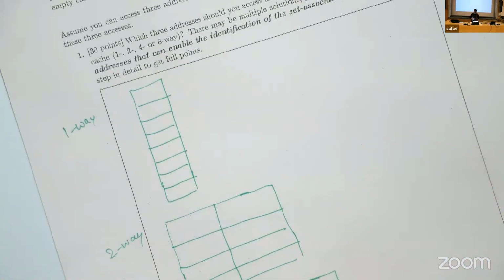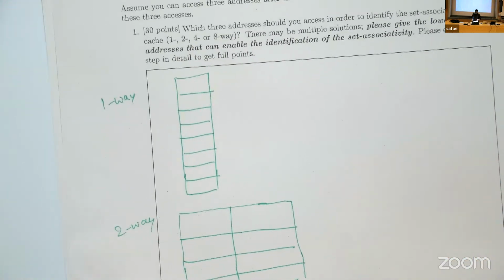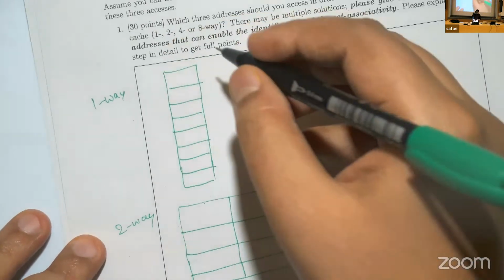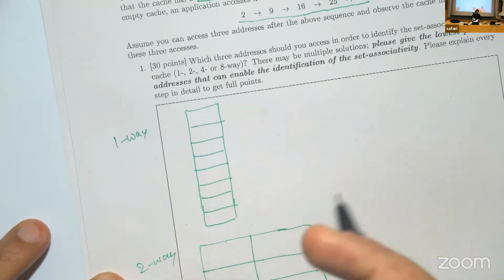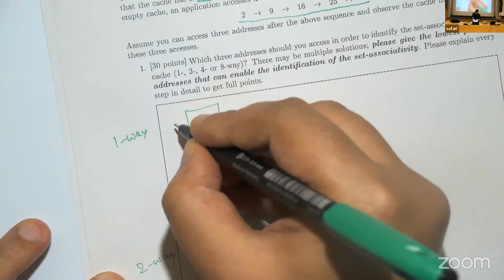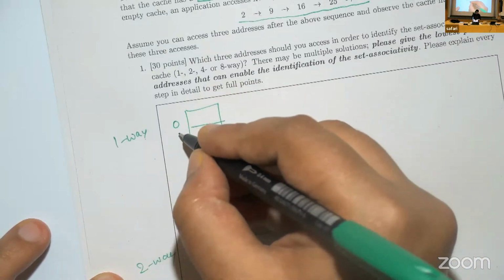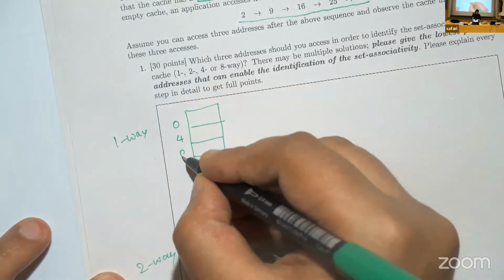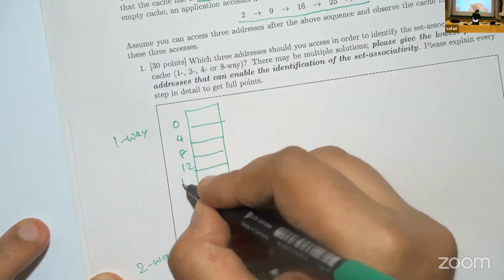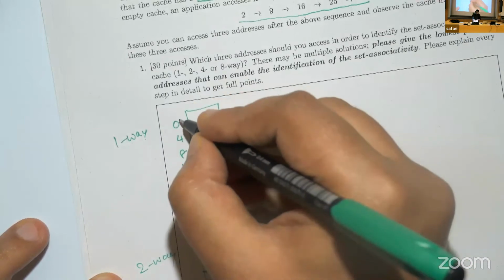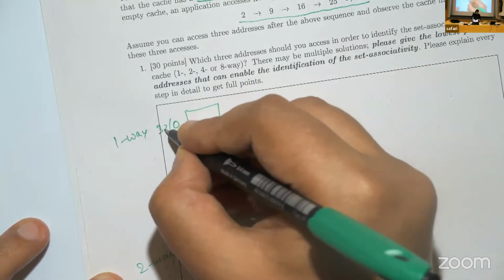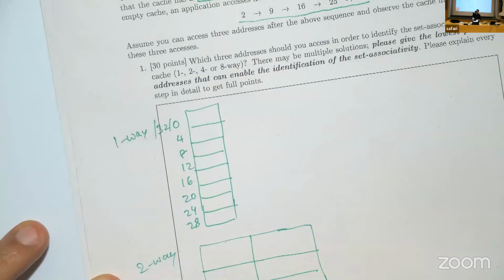So here, the boxes represent each cache block, and the cache block size is 4 bytes. Let's see what the state of the cache is. Here I will represent each block with its starting byte address. So here you can store 0 to 3, 4 to 7, 8, 12, 16, 20, 24, 28. And then in the first one, you could also store 32, and it goes like this.